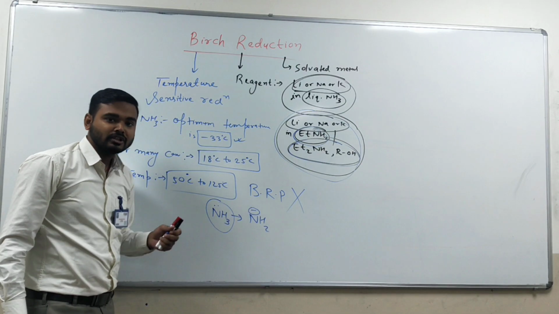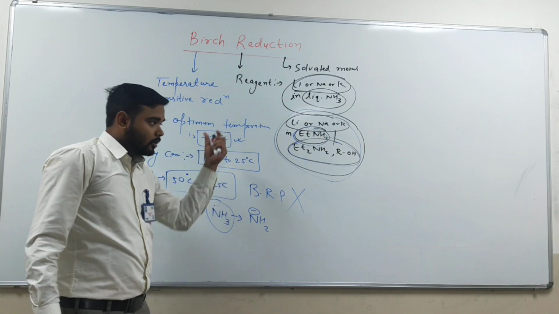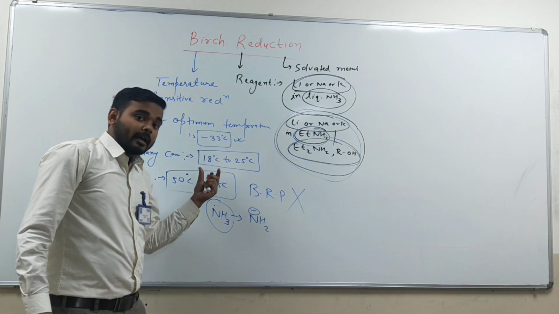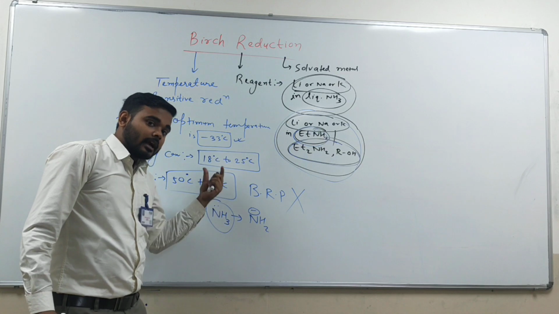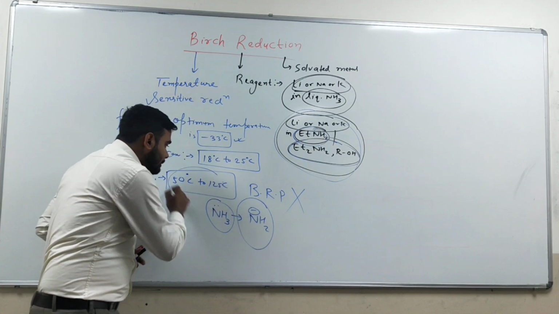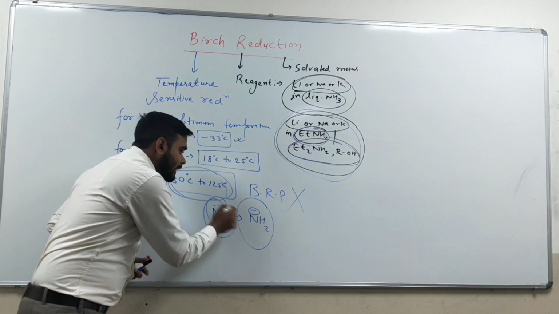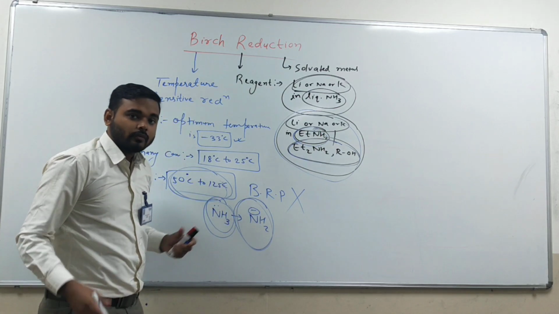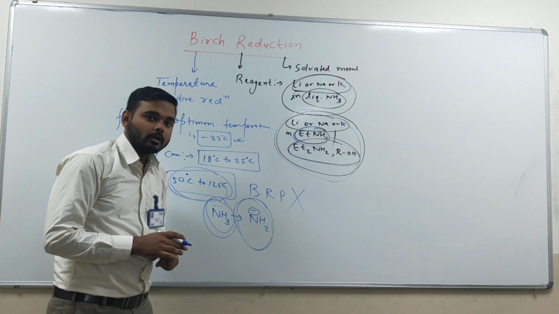Here we are using ammonia too, because we will see in the mechanism that when the carbanion forms, it will abstract the H plus. But if you keep the temperature in this range, your ammonia will act as a powerful base. So we will not get the Birch reduced product.